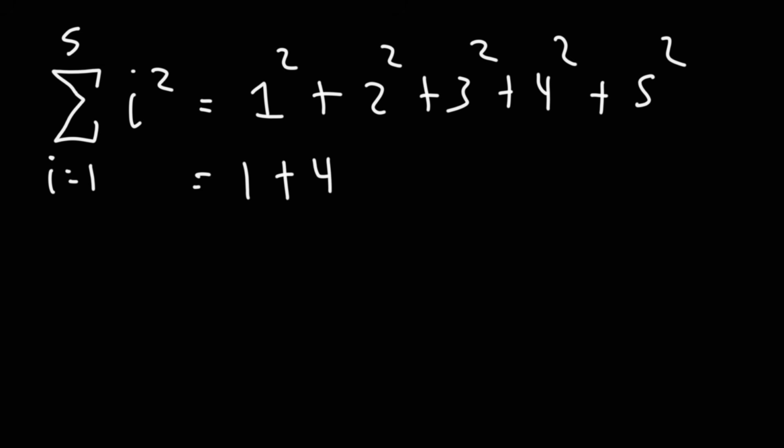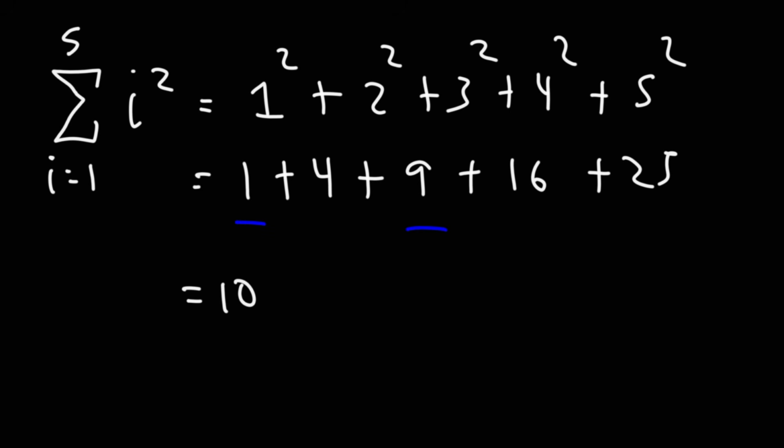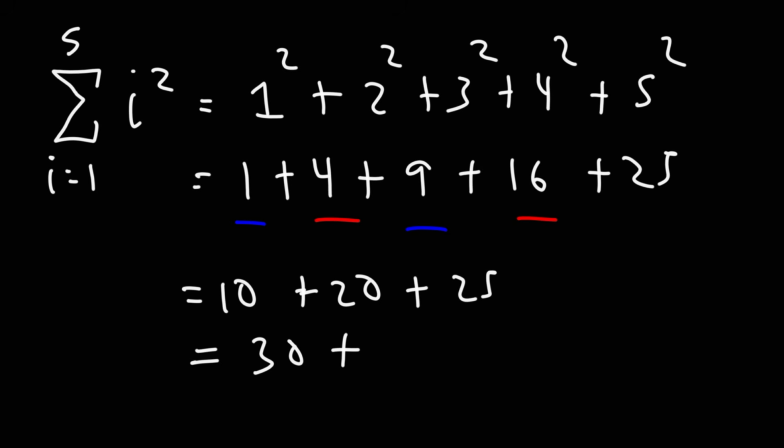So this is 1 plus 4 plus 9 plus 16 plus 25. 1 plus 9 is 10, and 4 plus 16 is 20. 10 plus 20 is 30, and 30 plus 25 will give us 55.